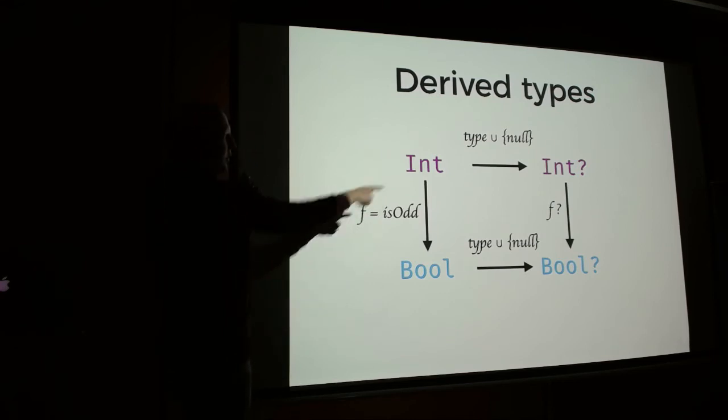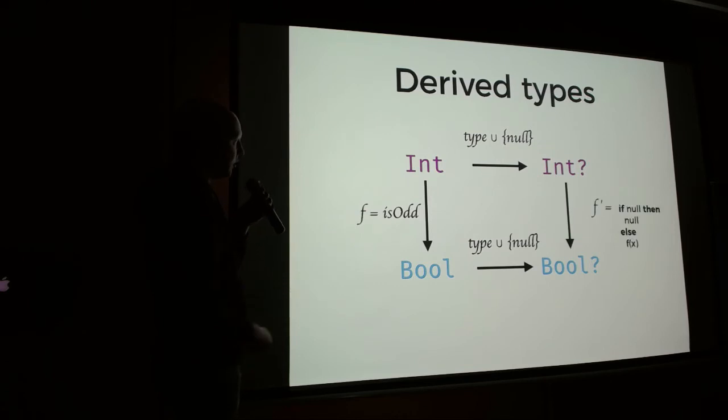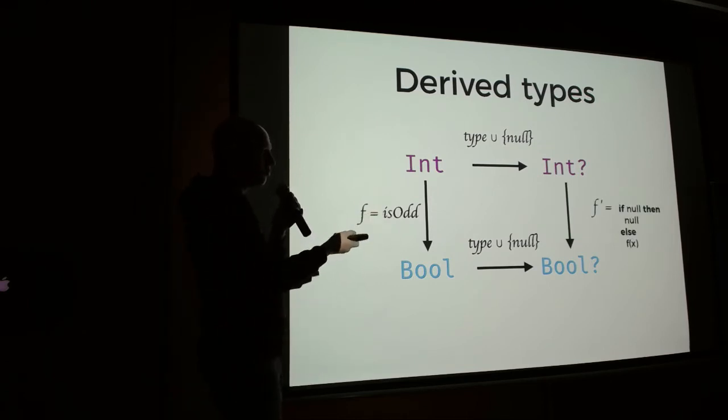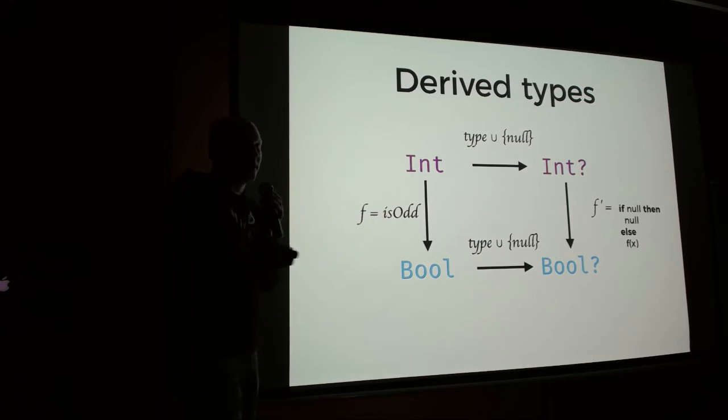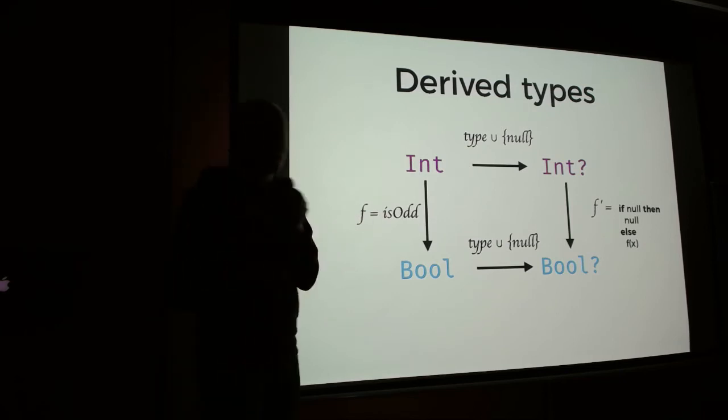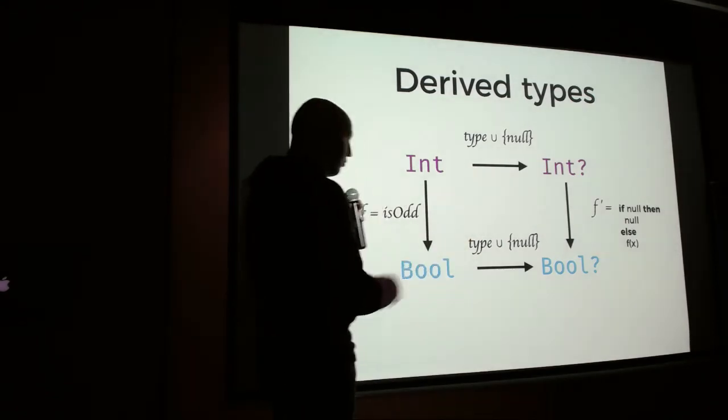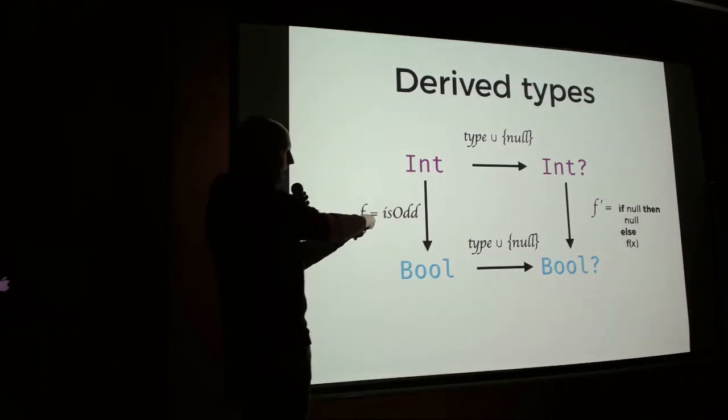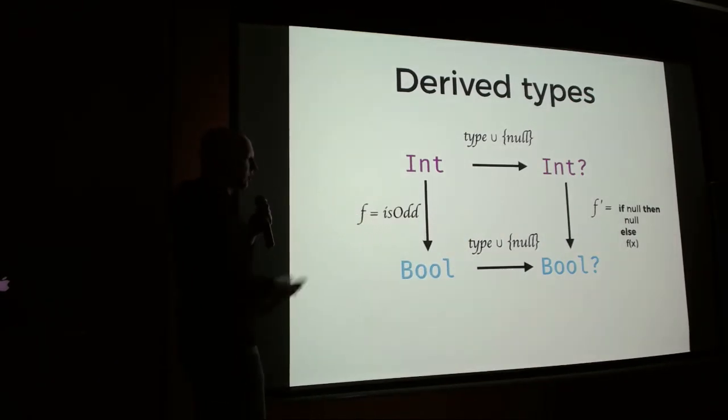So how do we write this function f over there? We just check if we have a null, then it's null, because we can't check if null is odd or not, right? Or else, we just apply the function f from here, thus reusing it.